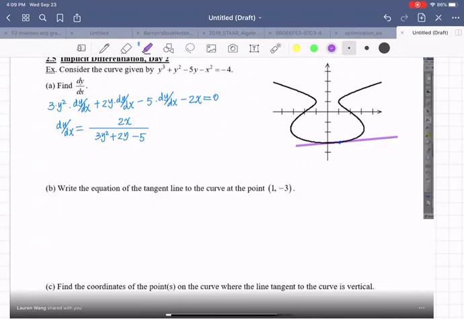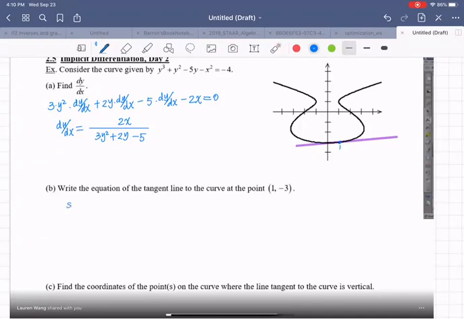So first, when you see this question, you want to see when x equals 1. When x equals 1, you want to find out your slope at this point. The slope at this point is that guy, yeah, that's the slope.